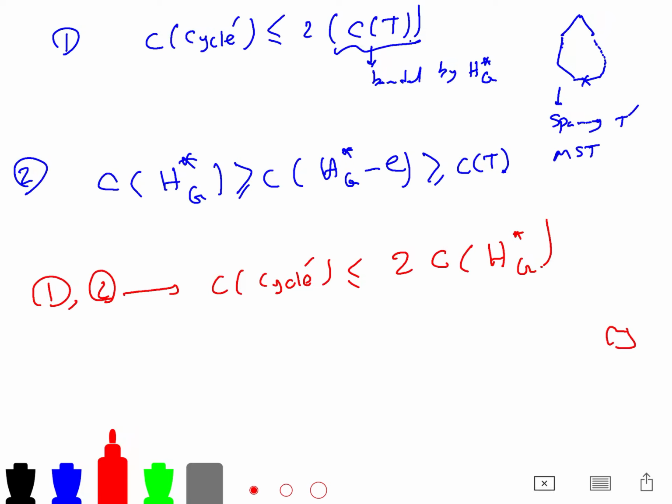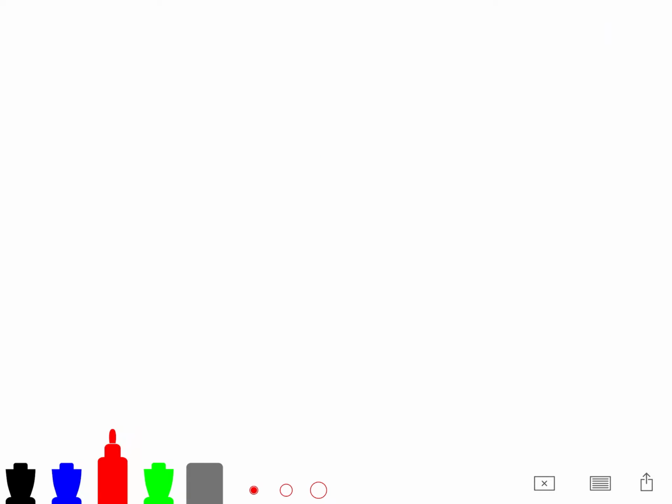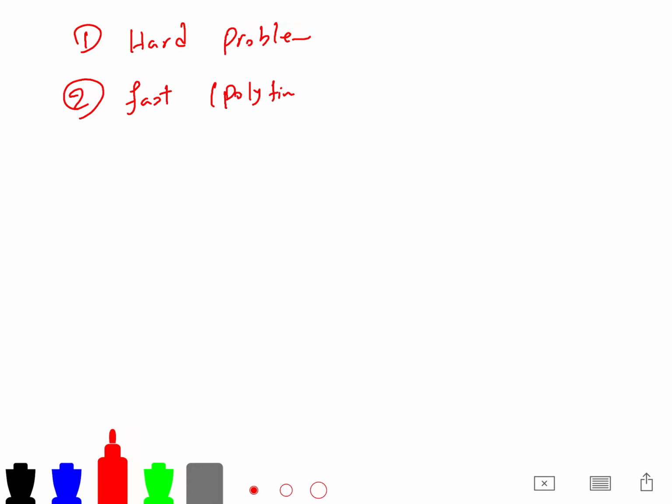And so in any case, we have NP-hard problems. For example, real problems are NP-hard, are hard problems. And you are interested in finding a fast polytime algorithm. And you want to have an exact solution, not approximation.